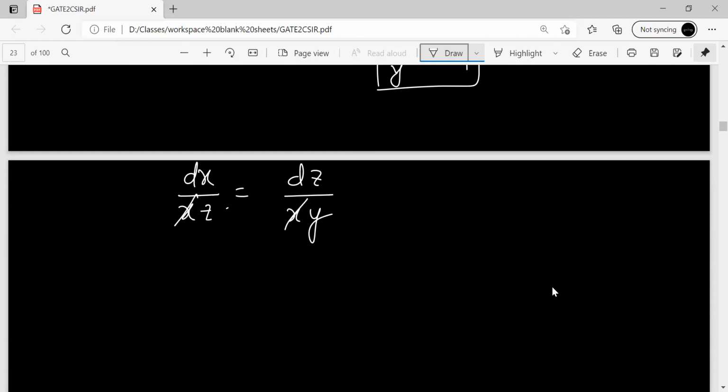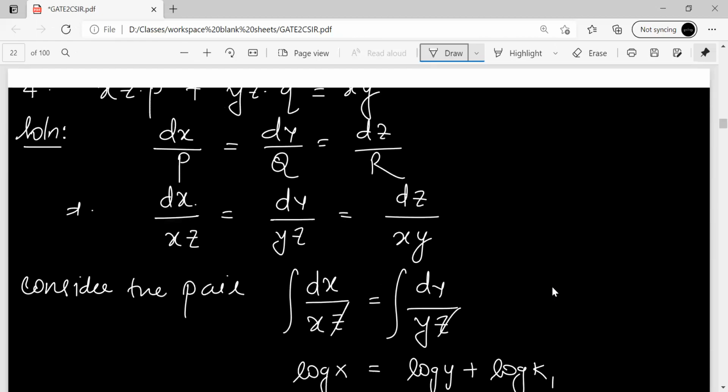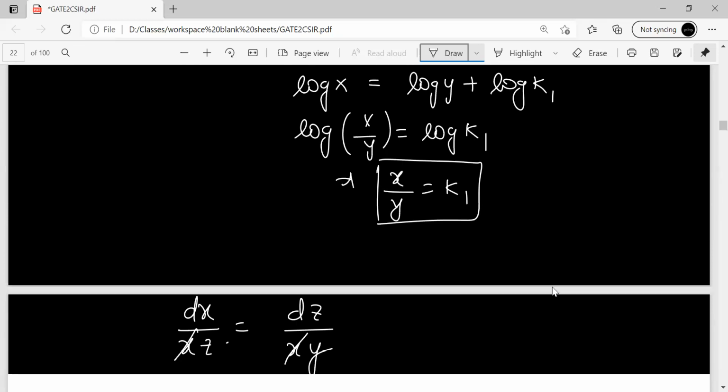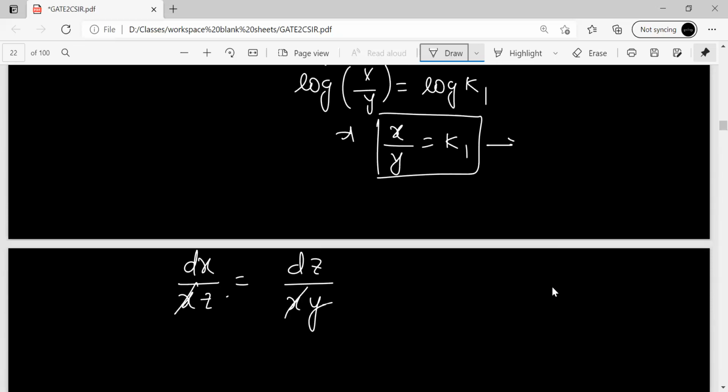So we need to get rid of this y. If you consider second and third, this y and y will get cancelled, and then you will get a problem with this x. So ultimately this requires a substitution from the previous result. From here I'll substitute y, so y will be equal to x upon k1.